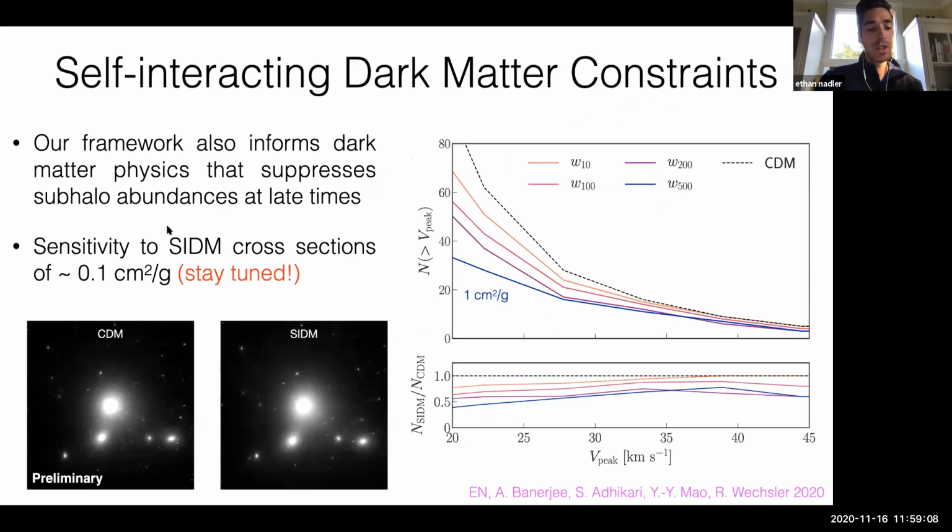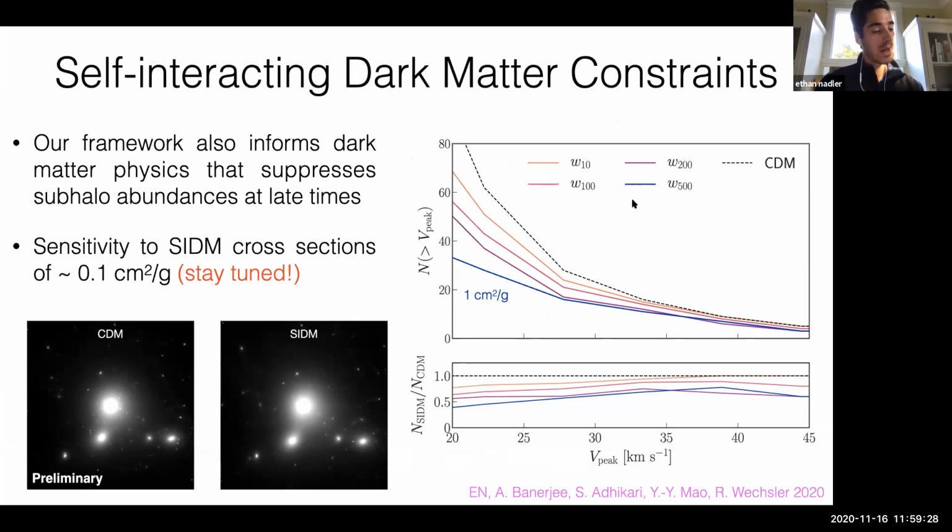Last thing that I want to mention, which is work in progress, is that of self-interacting dark matter, which is often invoked as a solution to the so-called small-scale structure problems. So what we've done is a really systematic study of self-interacting dark matter models using simulations of these Milky Way-like systems.